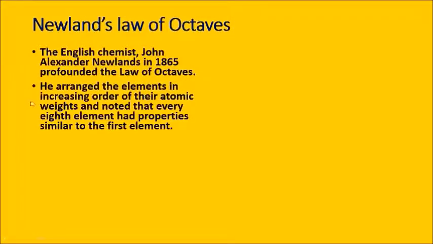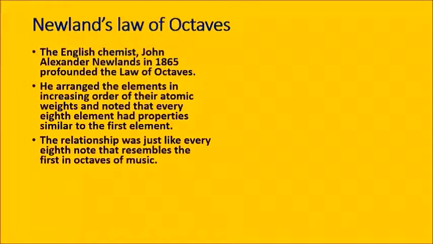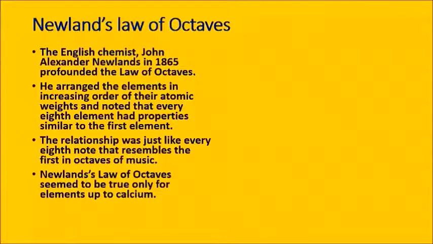He arranged the elements in increasing order of their atomic weights and noted that every eighth element had properties similar to the first element. The relationship was just like every eighth note resembling the first in an octave of music.